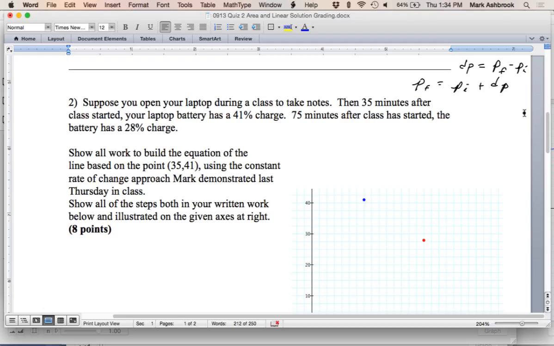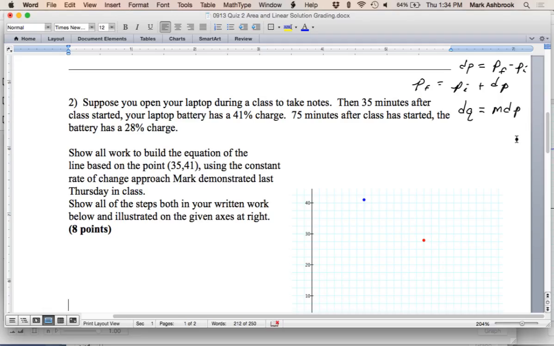It should make sense that the change would be the final minus the initial value of a quantity, and that the final value of a quantity you would get by starting with the initial and adding the change. And then finally, if P and Q are in constant rate of change, then what relationship do we have? dQ is equal to M times dP.